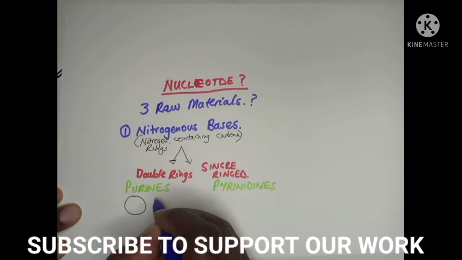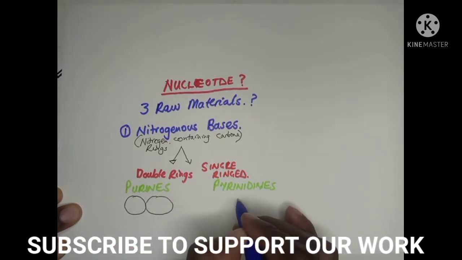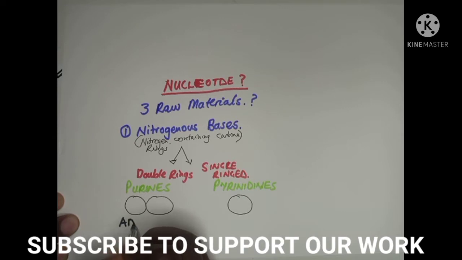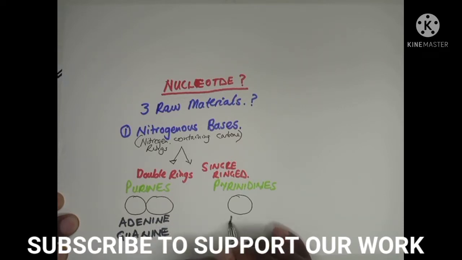The purines are bigger, with double rings, and the pyrimidines are the smaller ones, with single rings. Among the double ringed ones, we have adenine and guanine. And for the pyrimidines, we have thymine and cytosine.